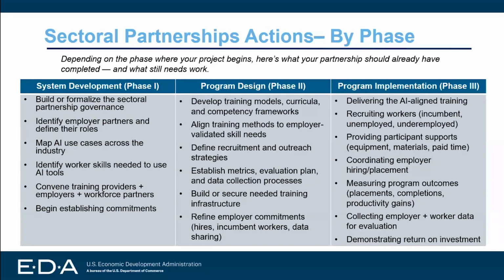Applicants can refer to this table to assist with identifying where they currently are and what phases need to be built into a successful project. Again, we strongly encourage applicants to review the Notice of Funding Opportunity AI addendum in its entirety to understand what in totality is being asked to be presented in the proposal.